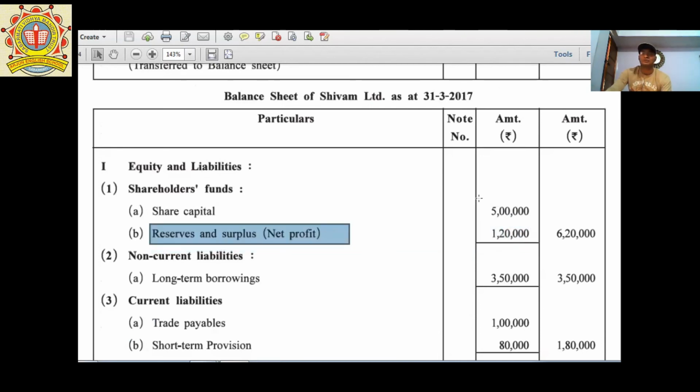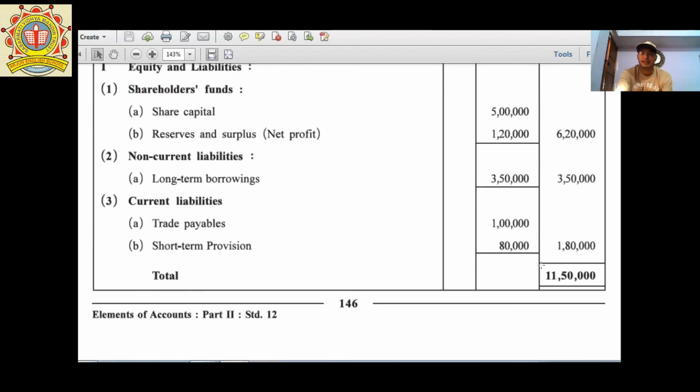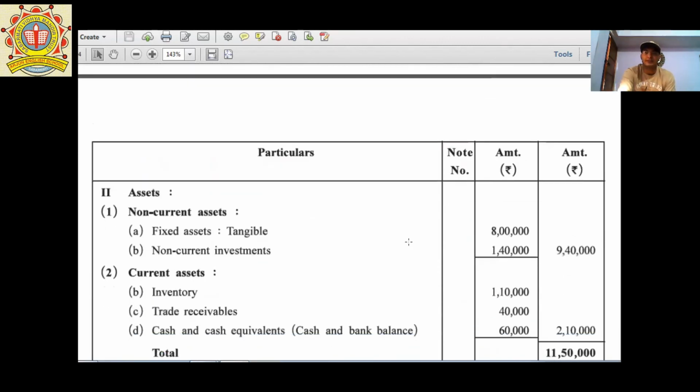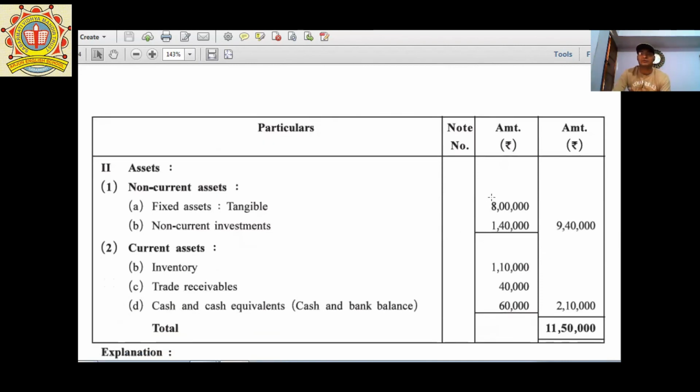Now in the balance sheet, the total of shareholders' fund is 6,20,000, non-current liabilities 3,50,000, current liability 1,80,000, and the total of equity and liability is 11,50,000. After completing this, the second part is non-current assets: total of non-current assets 9,40,000, total of current assets 2,10,000, and the total of these is 11,50,000.